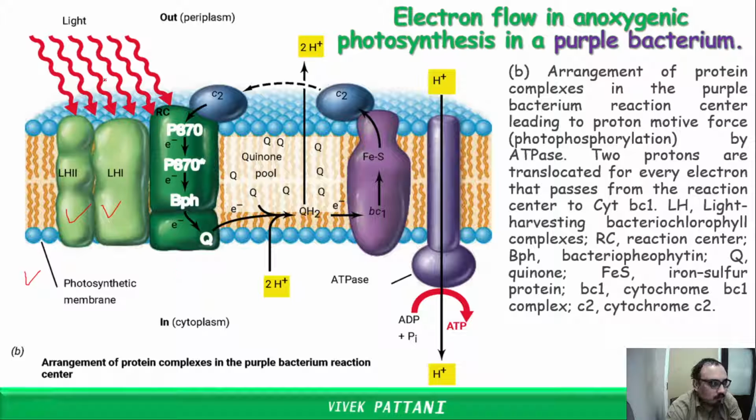So when light enters, P870 gets excited and transfers to the bacteriophytin and to the quinones. Quinones will be reduced and again passed on to cytochrome bc1, and transferred to the FeS complex. And next one is cytochrome c2 and again to the reaction center.